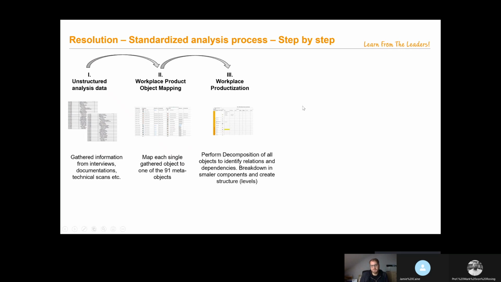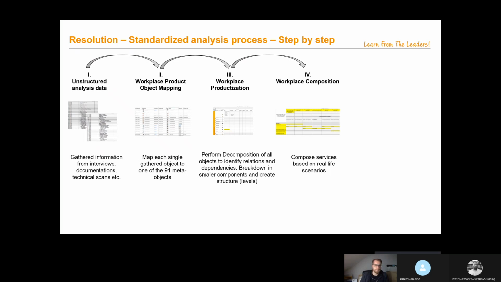In the next phase, you do the productization. This is the decomposition of all objects, breaking them down into smaller components to create a structure in your analysis data. After the decomposition, you perform the composition part, to compose, for example, services based on real-life scenarios.